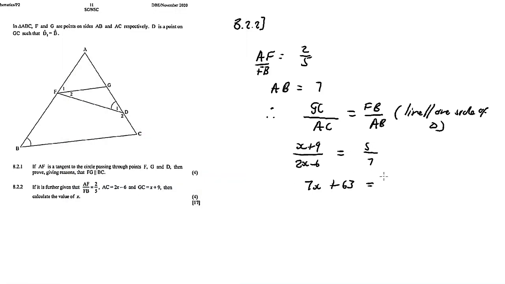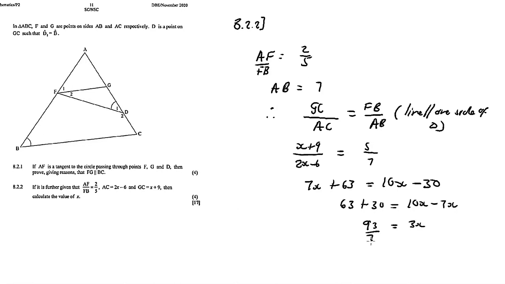Equal to 5 times 2x, which is 10x, and 5 times minus 6, which is minus 30. Then group the x terms: 63 plus 30 equal to 10x minus 7x. Then I should get 93 equal to 3x.